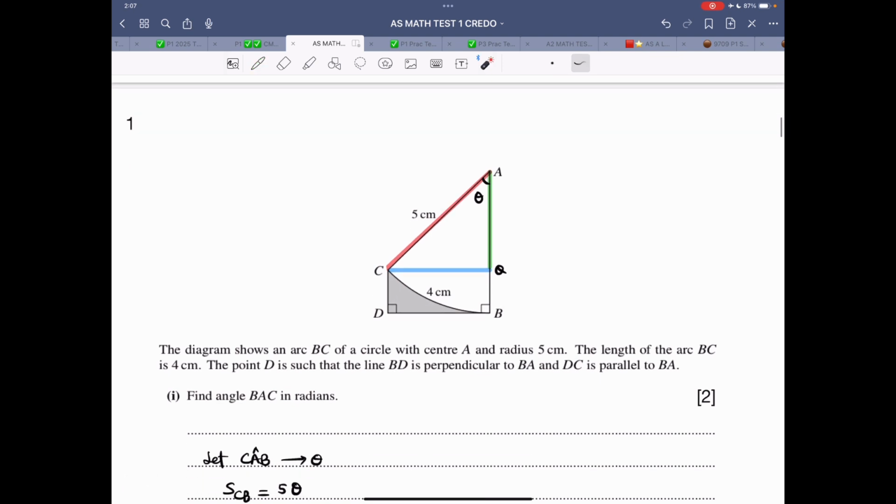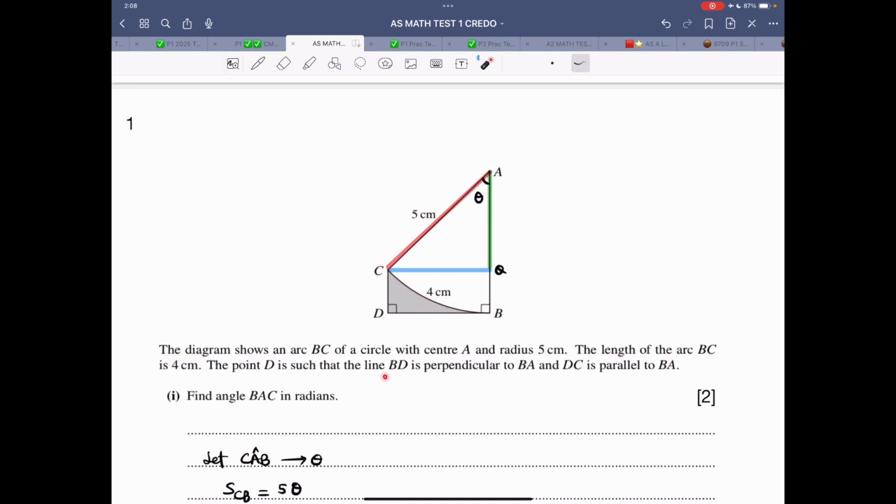This first question: the diagram shows an arc BC of a circle center A. So that is BC, that's the arc of a circle center A, radius 5. That means AC is 5, AB is 5. The length of the arc is 4 centimeter. So this arc BC is 4 centimeter.